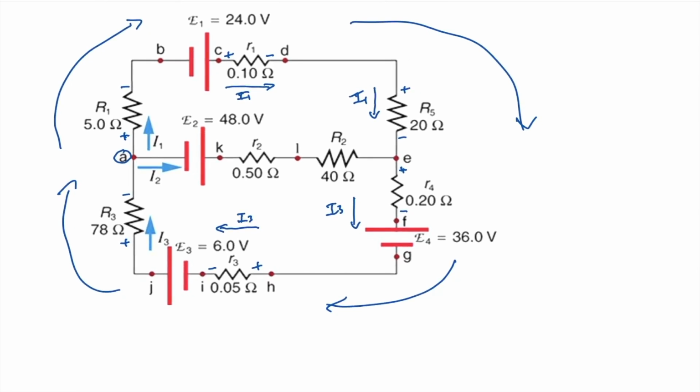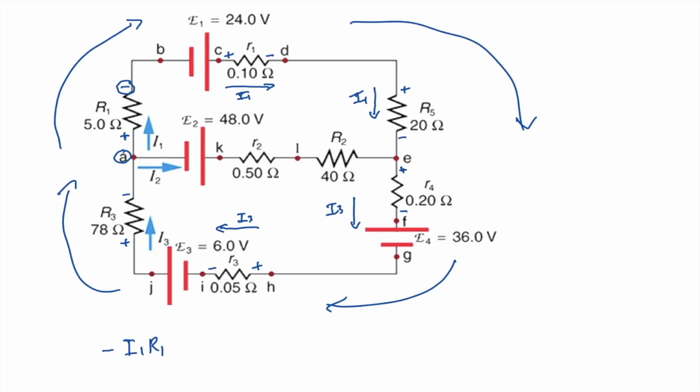As we traverse the resistor, the last thing we see is a minus sign. So we will have minus, and then current I1 times big resistor R1.